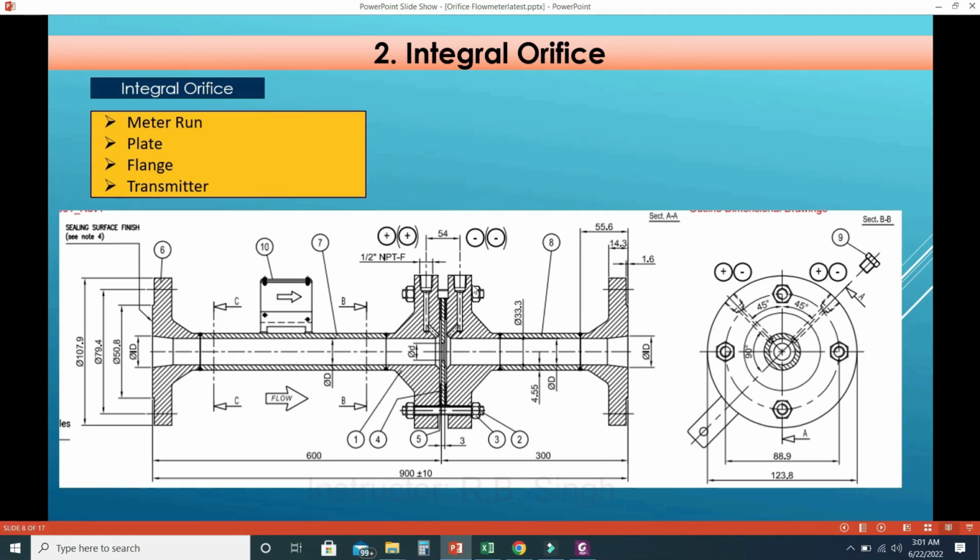These tappings are used for high pressure and low pressure: the upstream in the direction of flow is called the high pressure tapping and the downstream is called the low pressure tapping. From here we can get the pressure, and the transmitter will be used to measure the differential pressure, which will be converted into flow. So this is called the integral meter assembly.